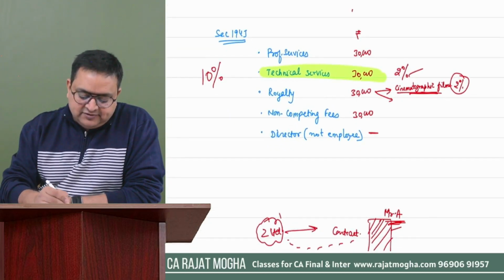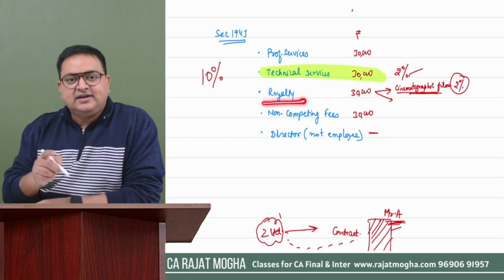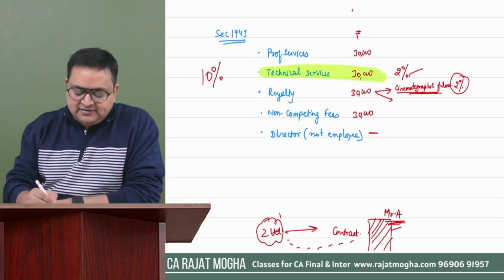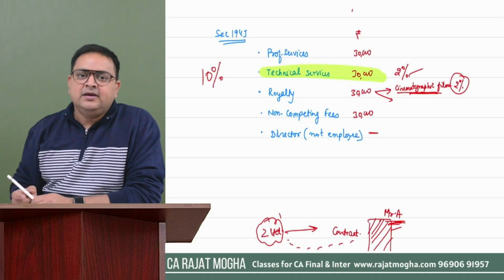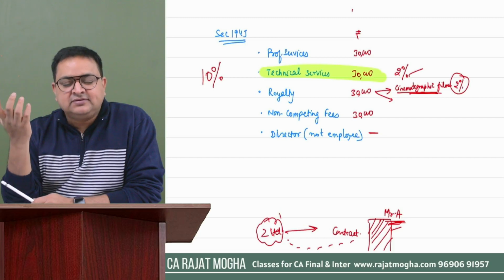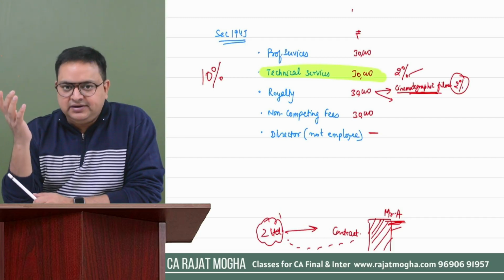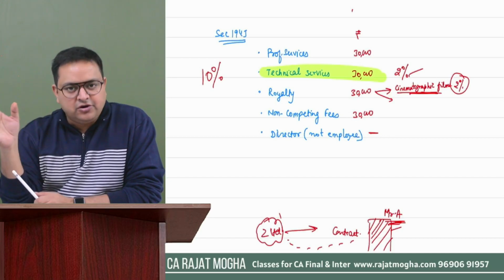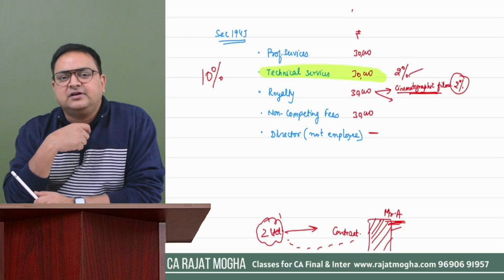So for technical services, 194J will apply at 2%. For royalty, if it is other royalty, 10%. But if it is a case of cinematographic films, the rate of royalty would be 2%. Third thing, if we are taking any type of professional services, let's say only for the purpose of a call center. So we have given a contract to someone who is giving us the services of a call center.